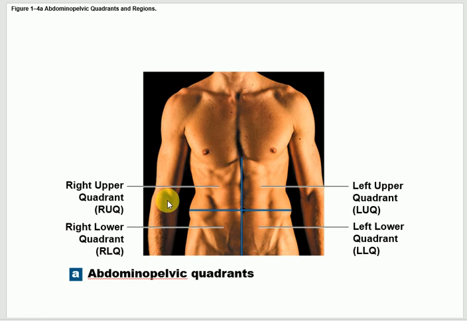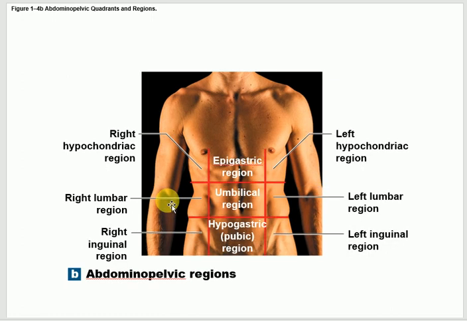If you draw an imaginary line, one is longitudinal and the other one is horizontal, passing by your umbilicus, you are dividing the abdominal pelvic region into 4 quadrants. Right upper, left upper, right lower, left lower. And this is the easy way. The other way, which is something that you guys need to know more, this is important. You're going to divide in a different way.